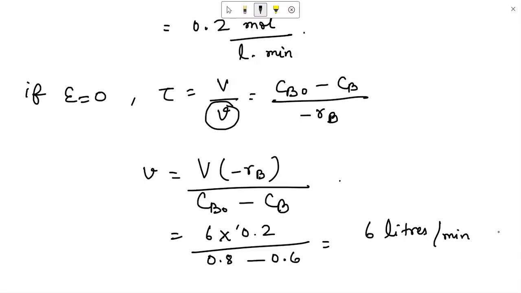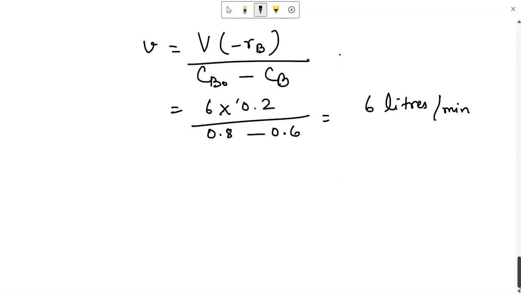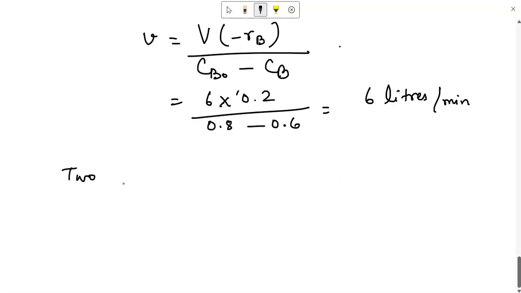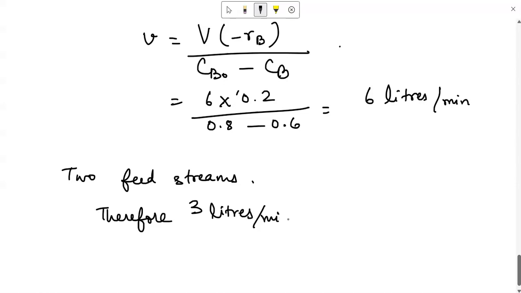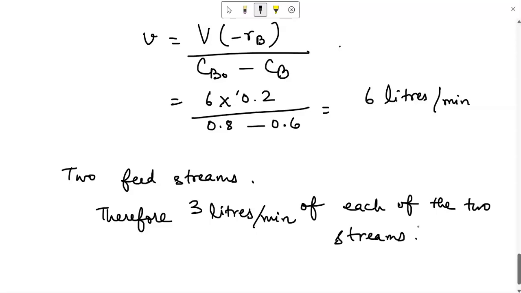So the volumetric feed rate for the entire system becomes 6 liters per minute. Since we have two feed streams, therefore 3 liters per minute for each of the two streams. This becomes the design for our reactor.